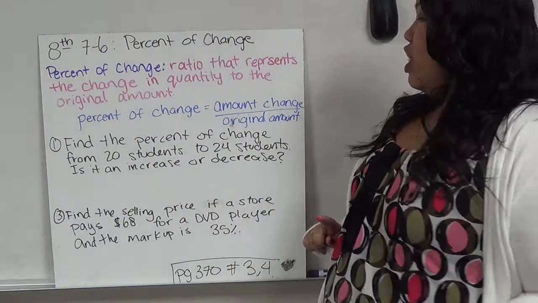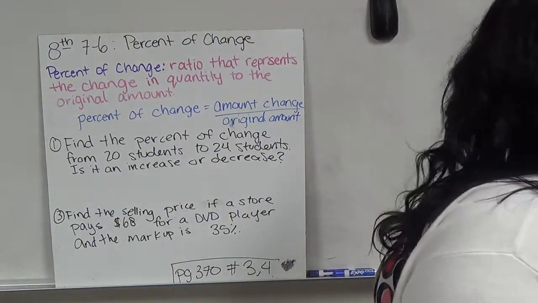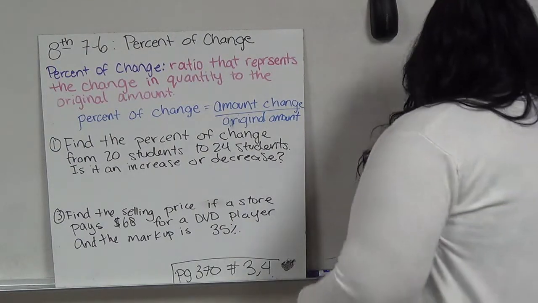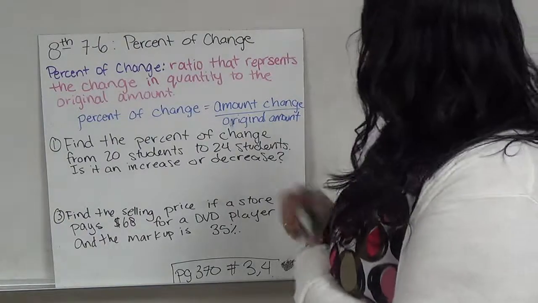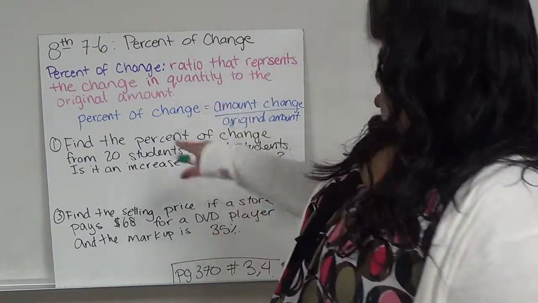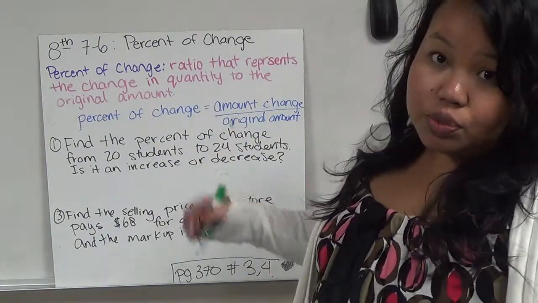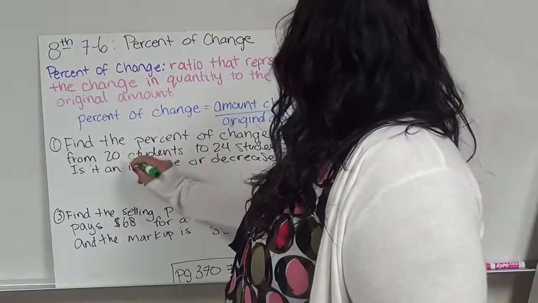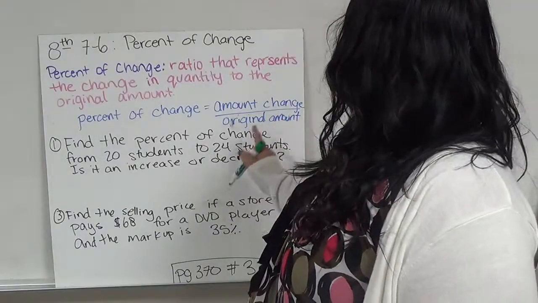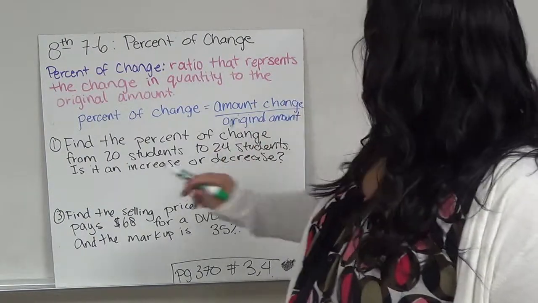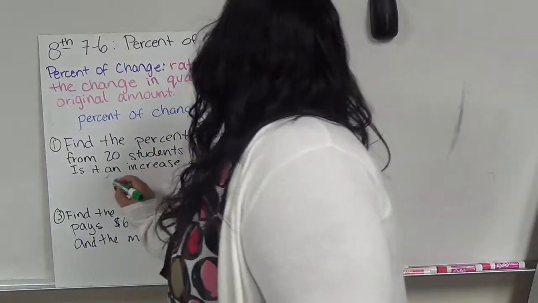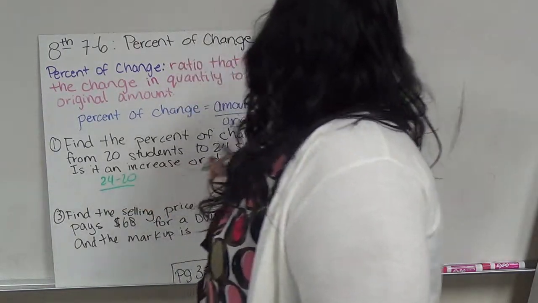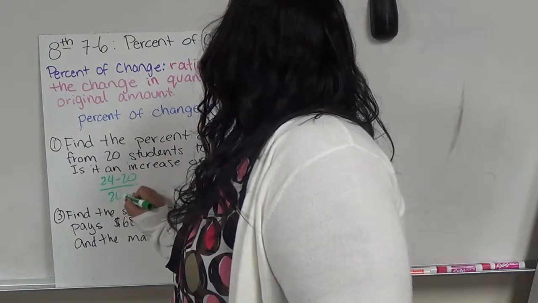So number 1 says find the percent of change from 20 students to 24 students. Is it an increase or decrease? Well, obviously you can see that this is an increase as there's more students, but I'll explain to you how to find it with the numbers. So amount of change is not 20 students, but if I do 24 minus 20 over the original amount, which is 20, right?